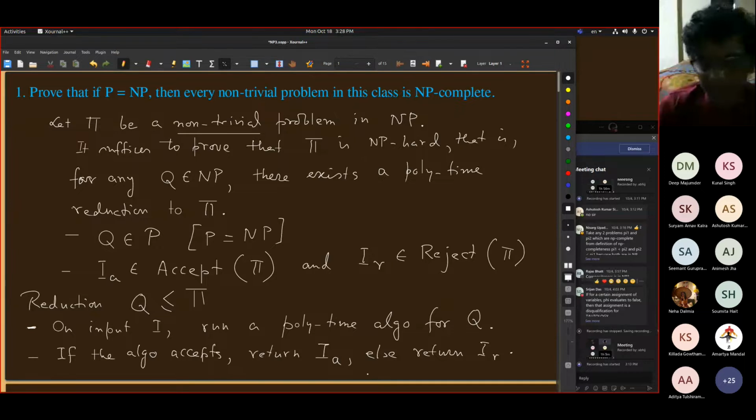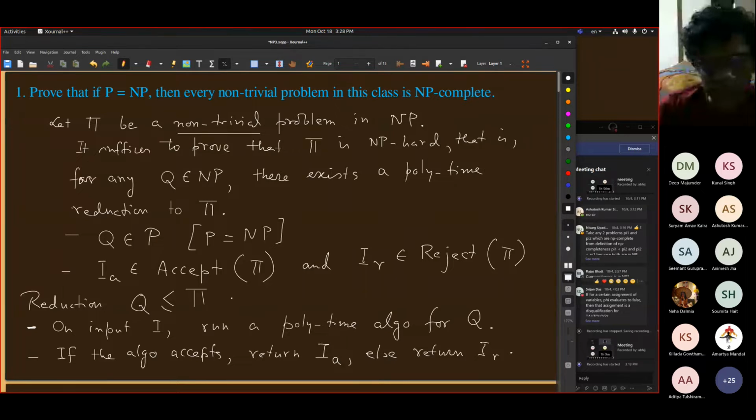And the fact that this is a valid reduction is obvious, right? If it accepts, then pi will also accept IA. If this algo rejects, then this IR is also rejected by any algorithm of pi.